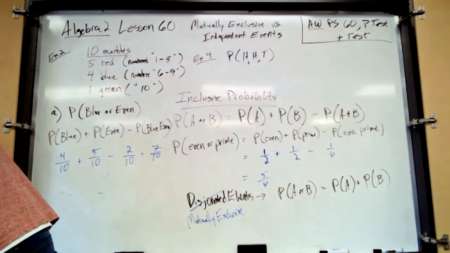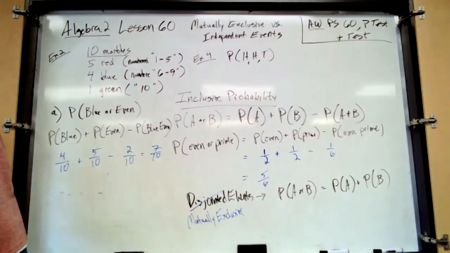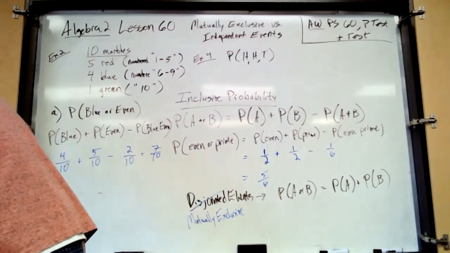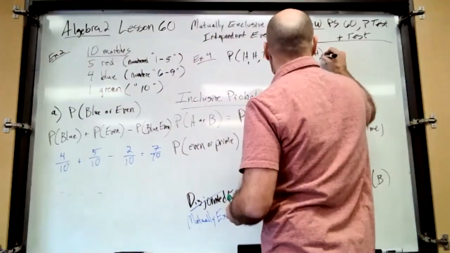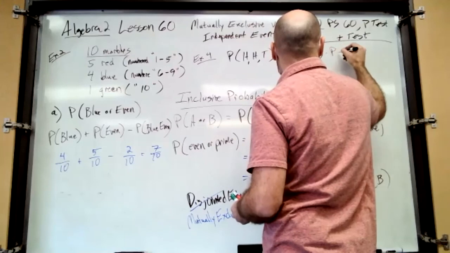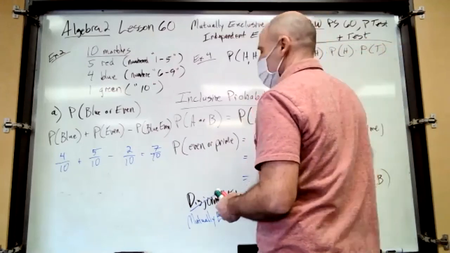Since each flip does not affect the next one, the events are independent. The formula is you're just multiplying. So you've got the probability of heads times the probability of heads times the probability of tails, right?